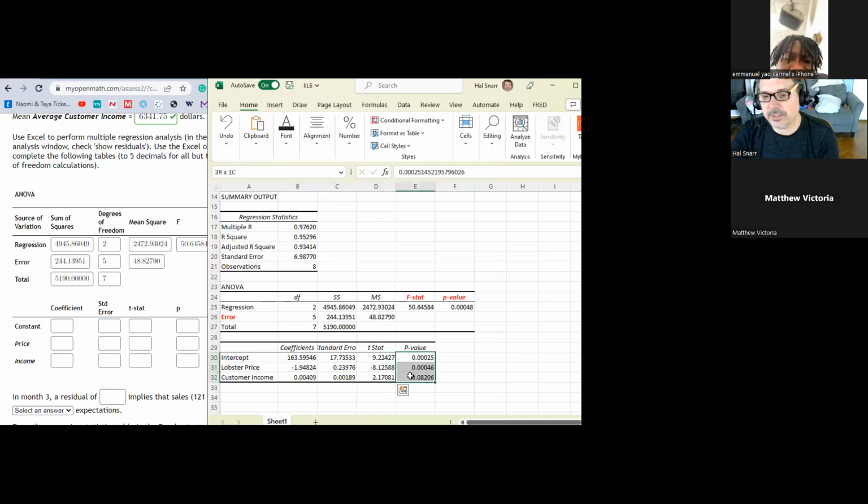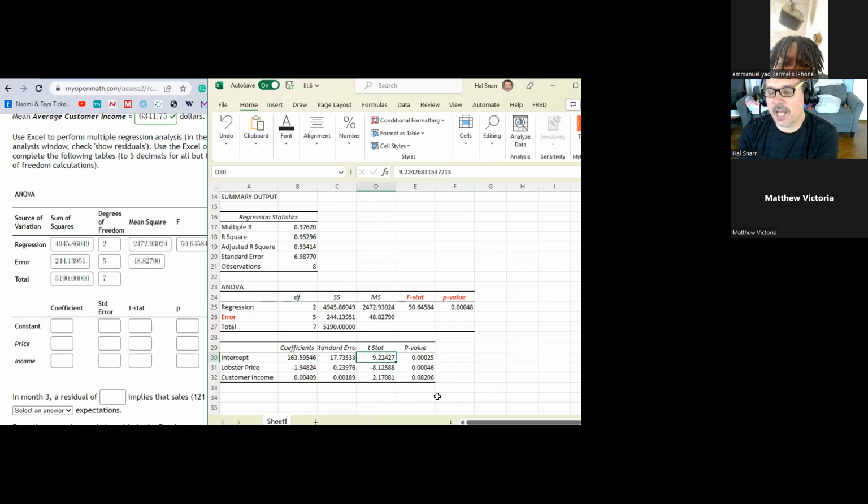And these are the probability values. These are two-tail probability values. So the probability of being bigger than this is about 0.000125. The probability of being smaller than the negative version of that is 0.000125, right?